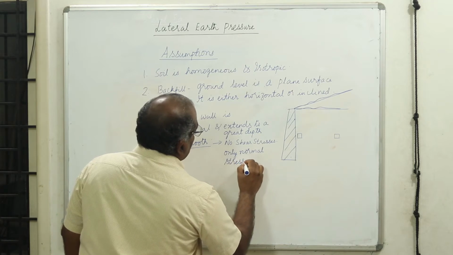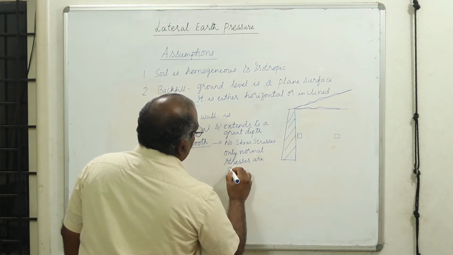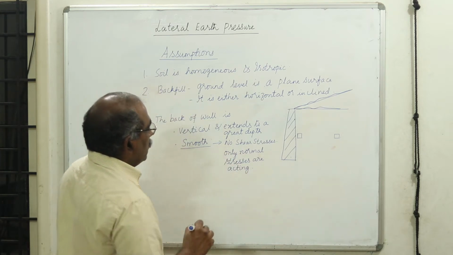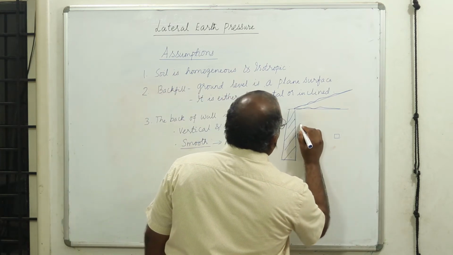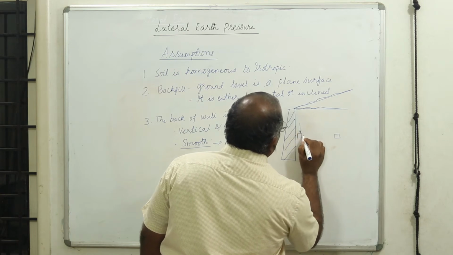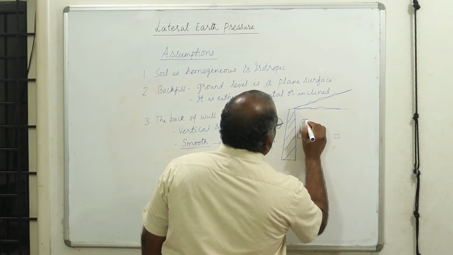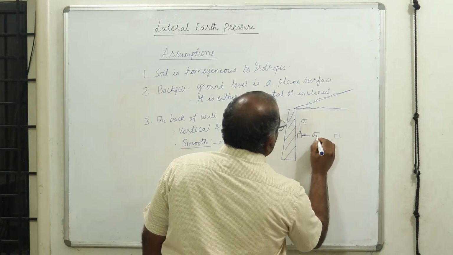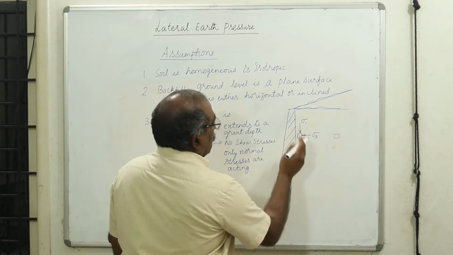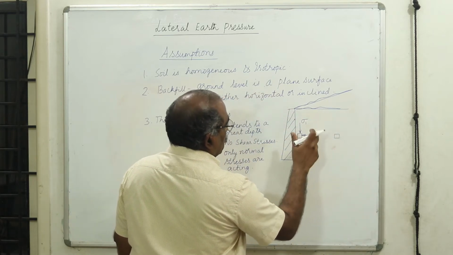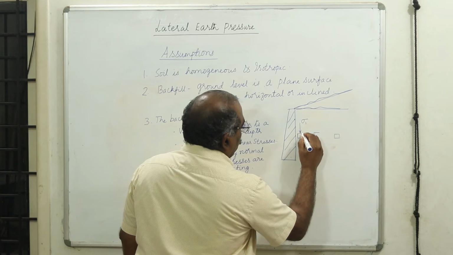Very important. What is the significance of this? Whatever stress is acting on the surface of an element, we will have only the major principal stress or the minor principal stress. Only normal stresses are acting. Either way it may be, depending upon the case, this may get interchanged. You don't have any shear stresses.